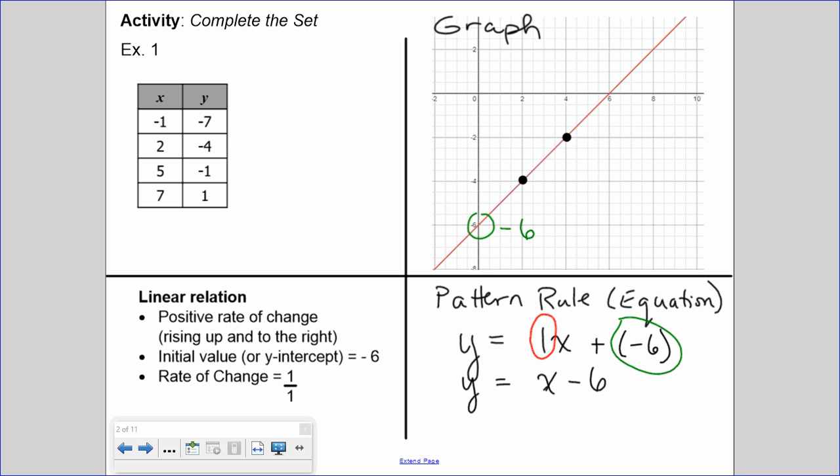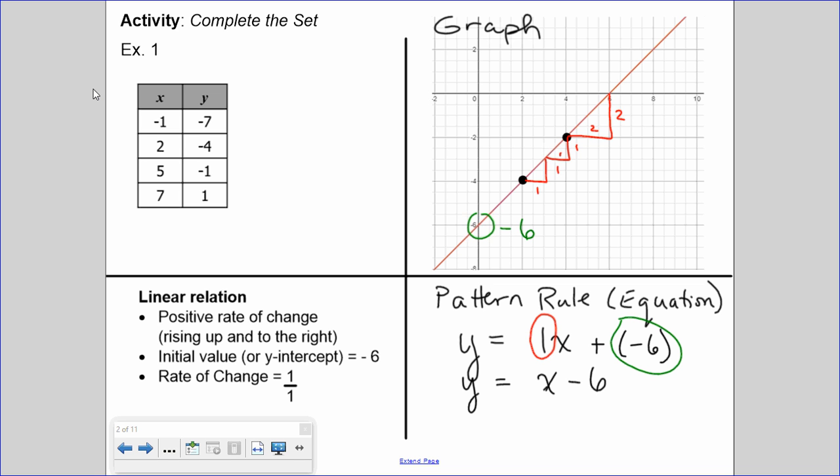On the graph, we figured out that for every unit you go over, you would go up 1. So there's your rate triangle, 1 for 1. Or you could go 2 for 2, or 3 for 3. So it all reduces down to 1 over 1, or a rate of change of 1.